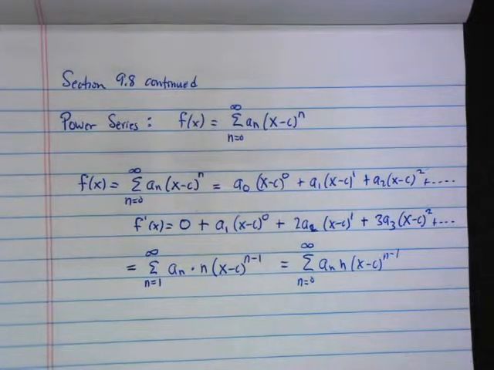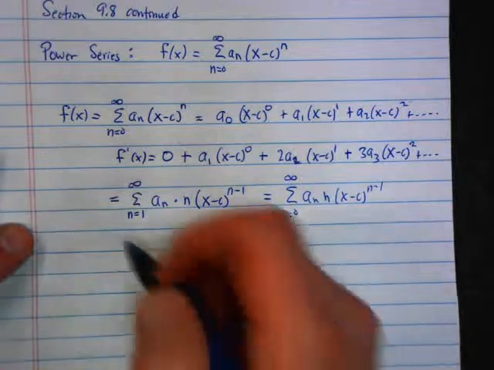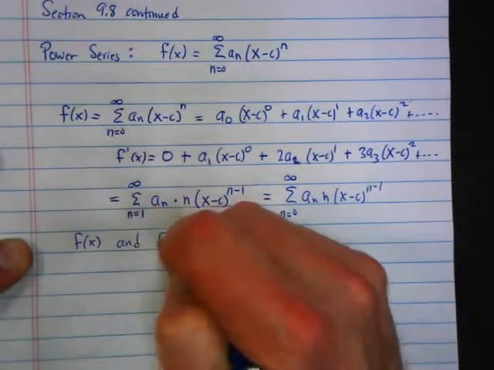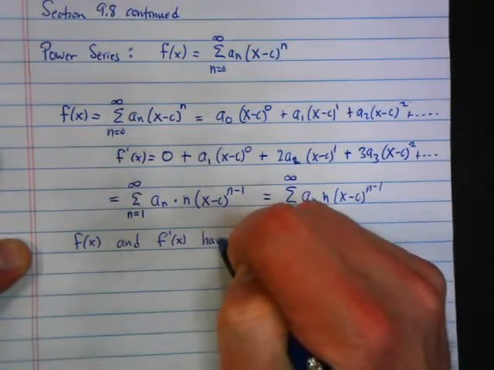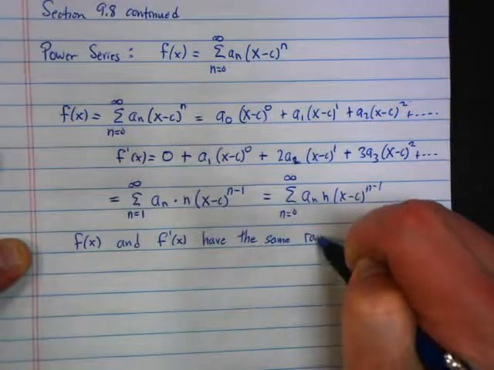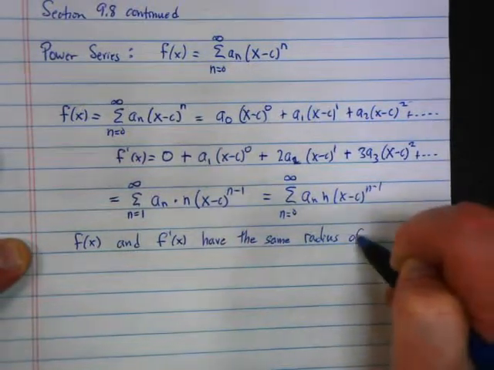The other big theorem here is that f of x and f prime of x have the same radius of convergence.